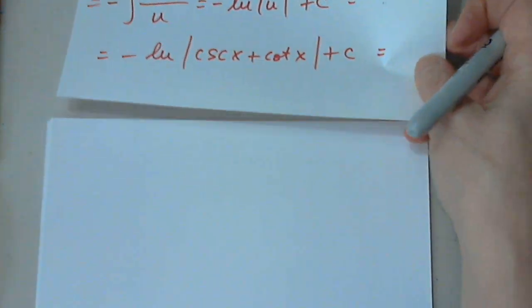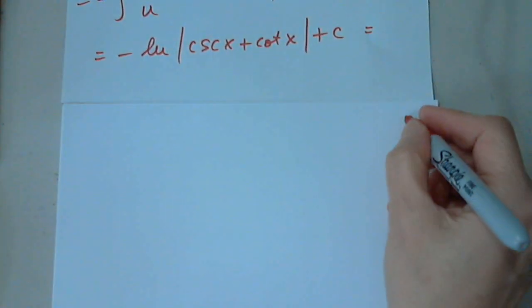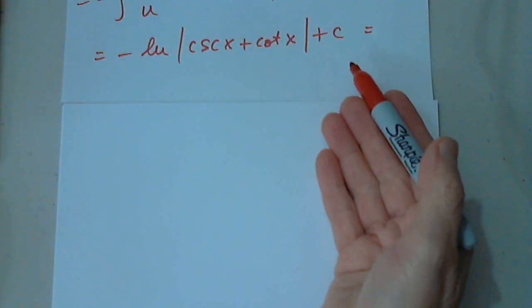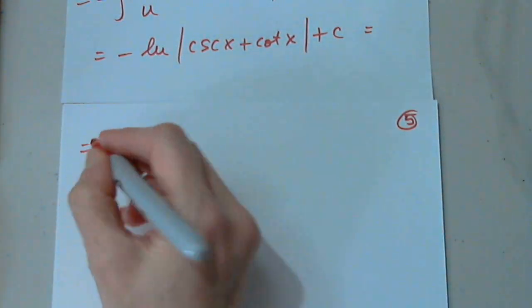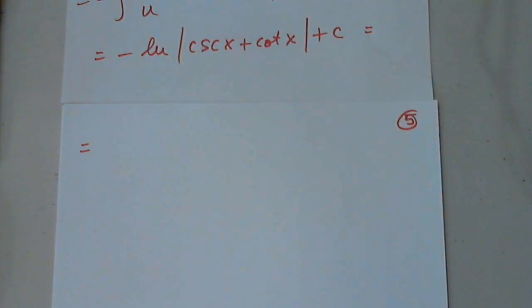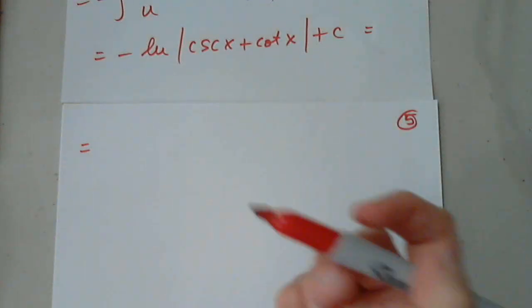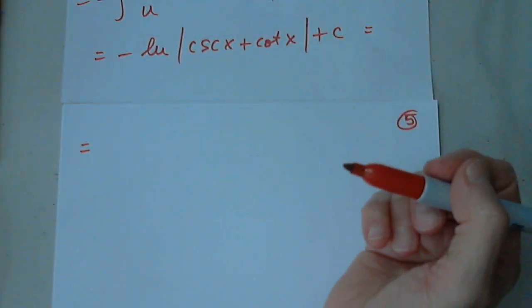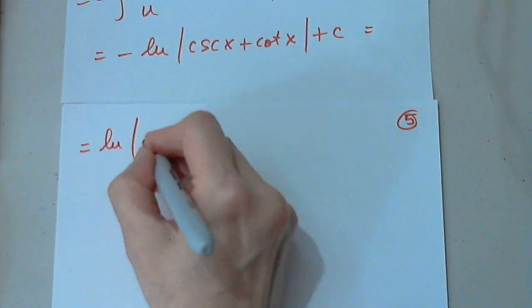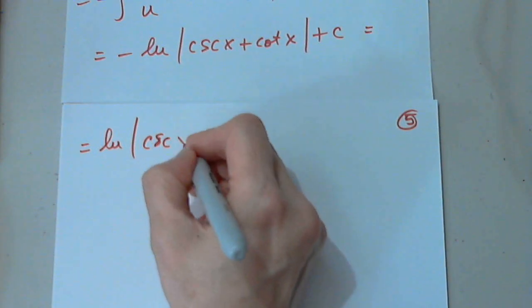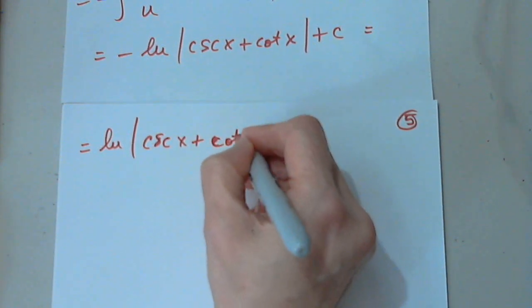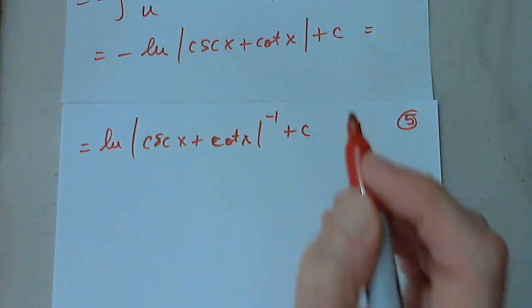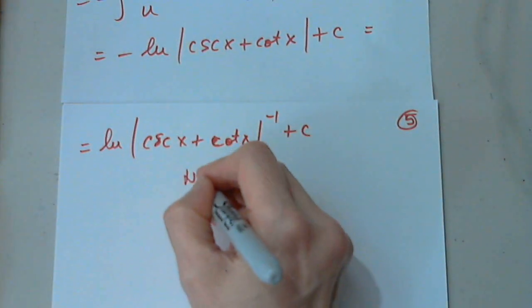No big deal. This is good enough. It's fine. But in order to show what the table of integrals presents, I'll show you the next steps. So natural log of cosecant x plus cotangent x to the -1 plus a constant c. Okay, so now let's look at a note.